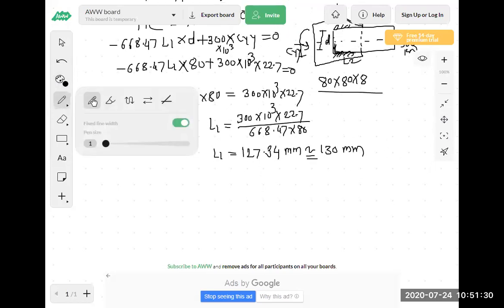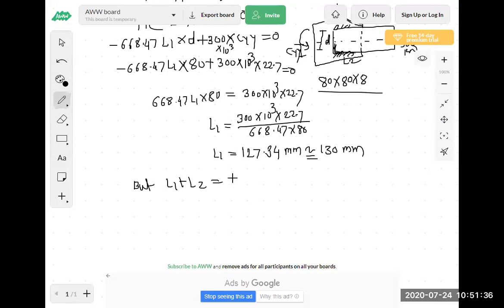Now, L1 plus L2 is equal to 224.39. So 130 is here. So L1 is 130. So L2 is equal to 224.39 minus 130. So calculate L2.